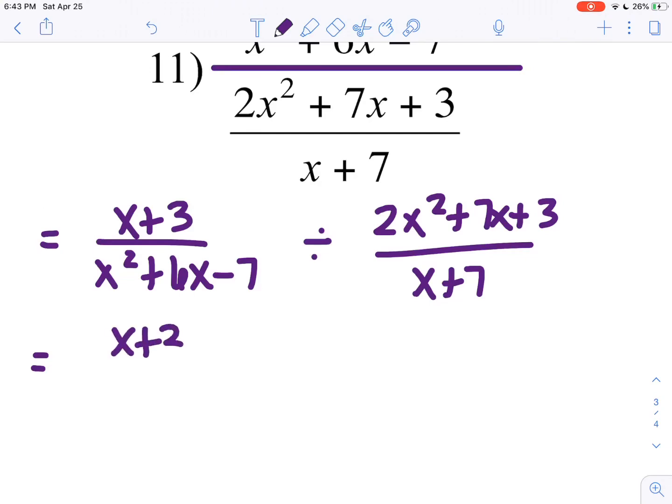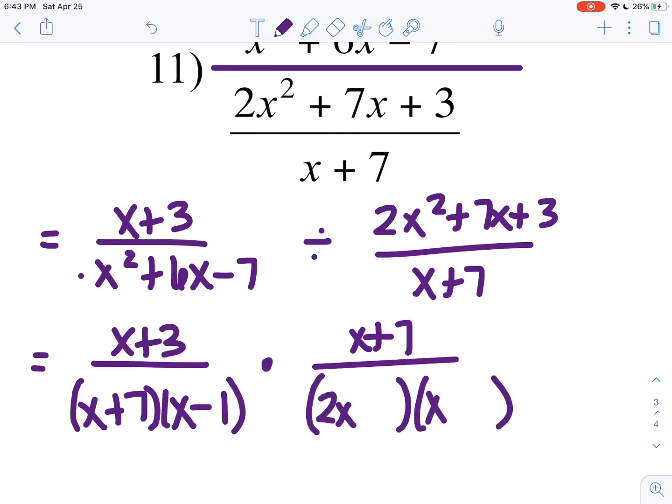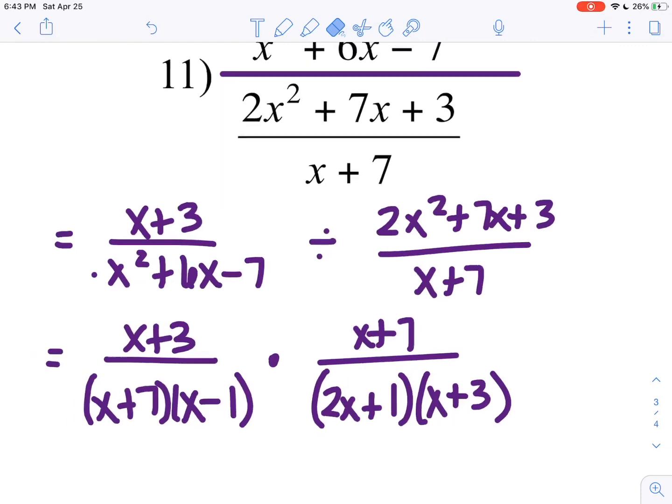So I'm going to keep this one the same, but I'm going to factor the denominator right here, so that's x plus 7, x minus 1, times, well, this x plus 7 over here is going to be in the numerator now, and I've got to factor that denominator. So 2x and x go in the front. And I'm going to guess 3 here, 1 here. So that's 6 plus 1, that gets me 7. So I factored that right.